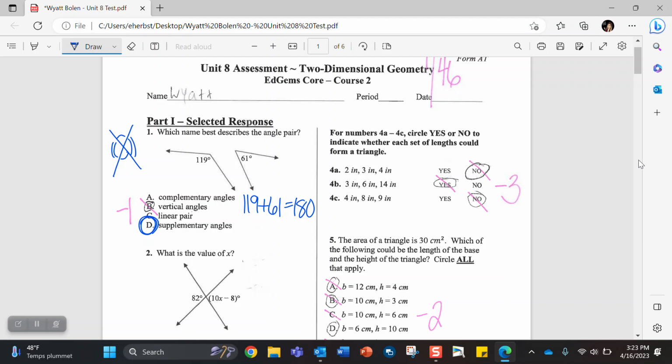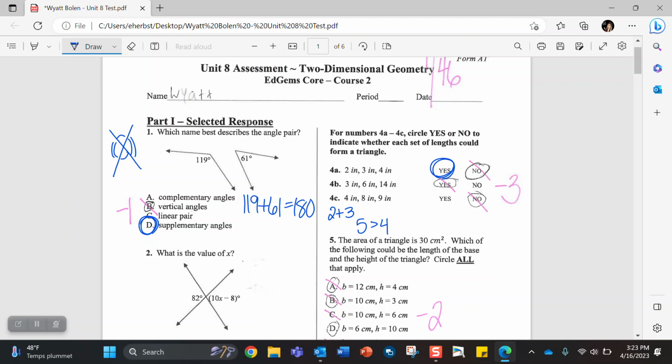So if I look at letter A, it's 2, 3, and 4. If we add 2 plus 3, that's 5, and 5 is bigger than 4, so yes, this would make a triangle.